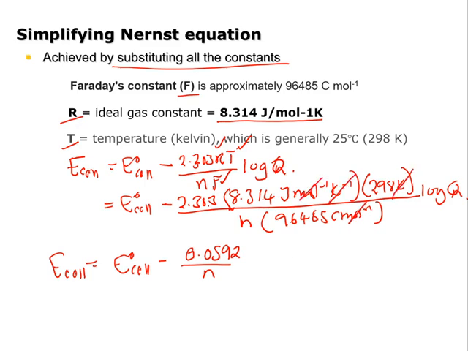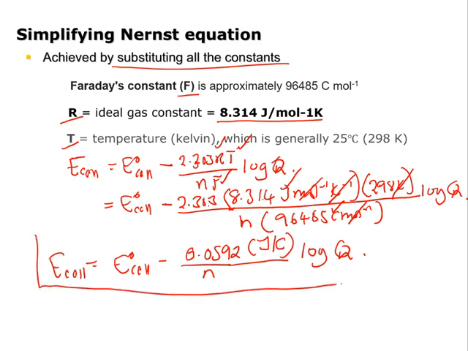Kelvins here and the Kelvins will cancel. So now what will remain as units in the Nernst equation is, let me just put them all together. You have open bracket, you have joule per coulomb as our unit, then log Q. So this gives you a simplified version of the Nernst equation.